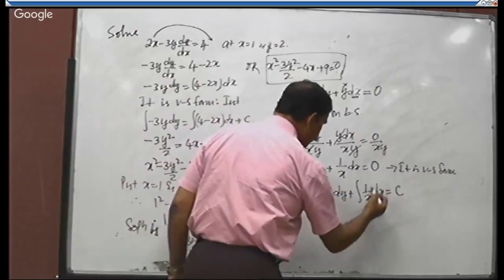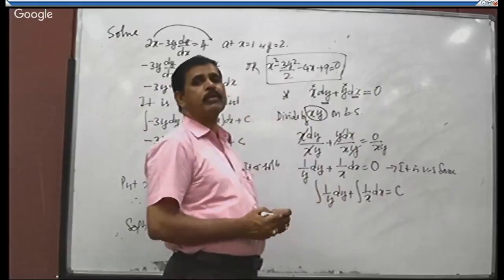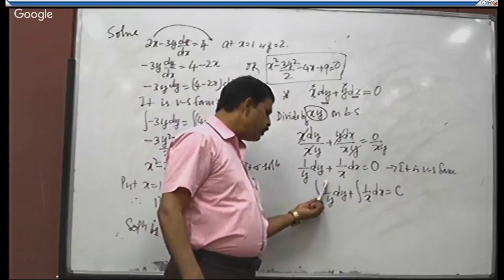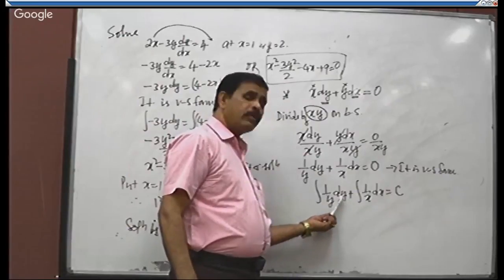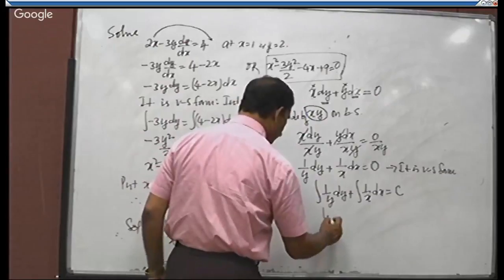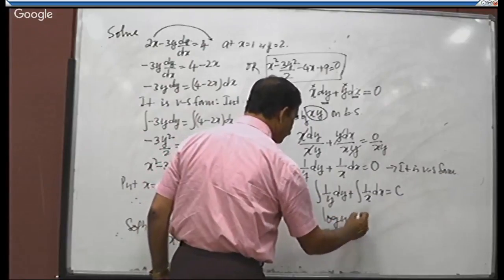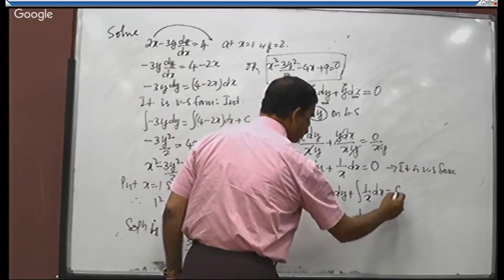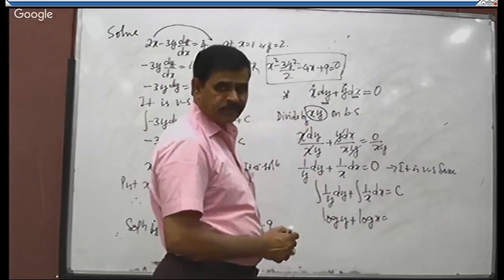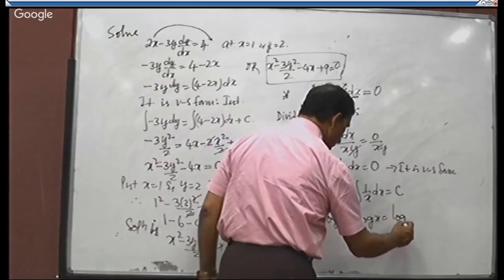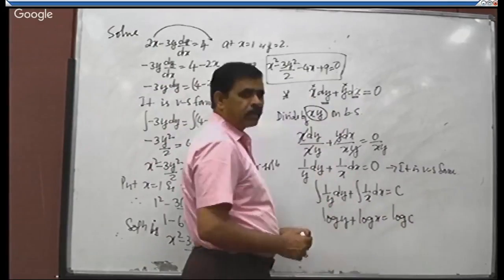What is the integration of 1 by x with respect to x? It is log x. In the same way, 1 by y with respect to dy is log y. So log y plus log x is equal to c. What is c? c is a constant, but I will take the constant in another form, log C. Why am I taking log C?